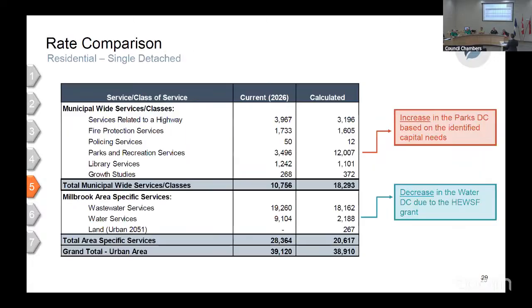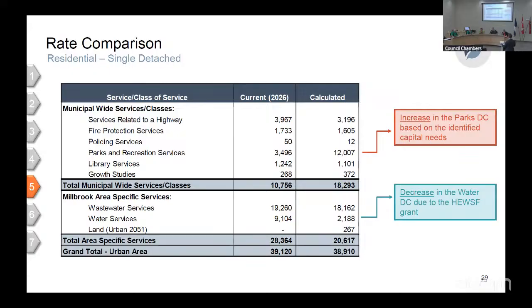Okay, next slide, please, and I'll compare the rates. So what your current rate is today, if we're looking at just the township-wide, is $10,756 for a single detached, going up to $18,293. And you can see the main part of that increase is with respect to parks and recreation services. We have identified all those parks and recreation needs in here, and really that's the main increase.